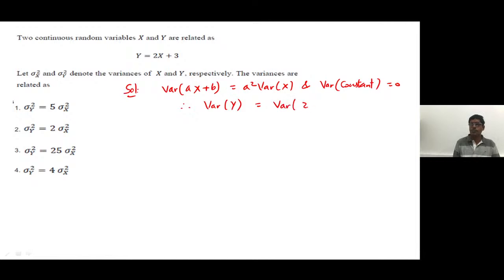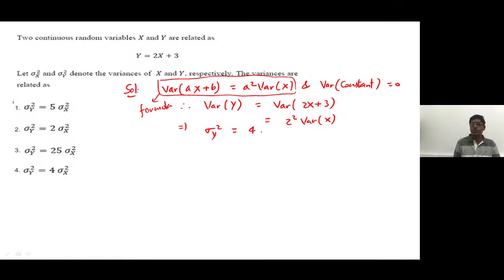Variance of 2x plus 3 is equal to 2 square into the variance of x, this is the formula directly, where x is a random variable and a, b are constants. So this means sigma square of the y variable is equal to 4 times sigma square of the x variable. So this is the answer. Accordingly, the option is 4. This is the end of the question.